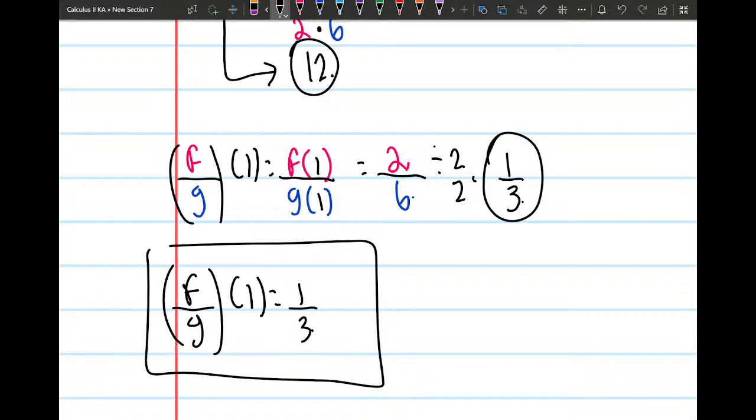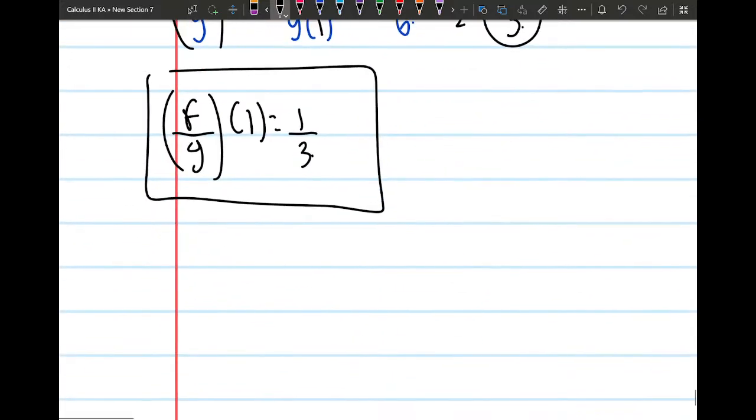And then we're going to go ahead and do g over f of 1.